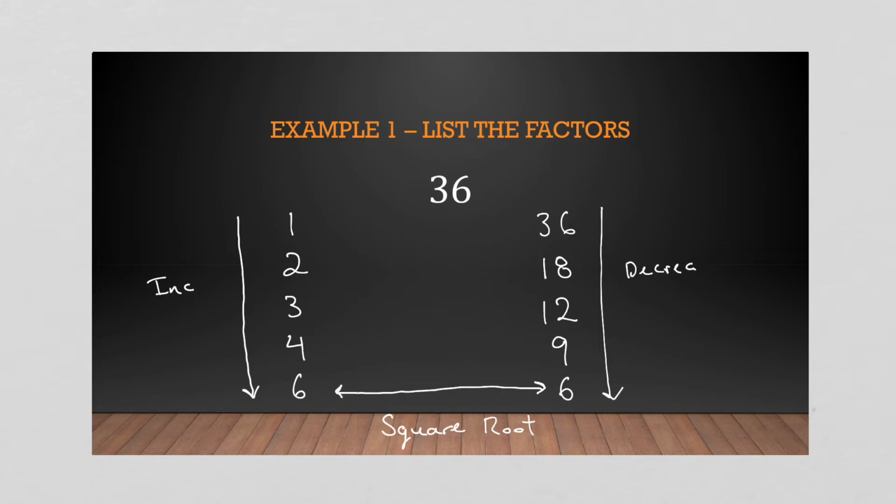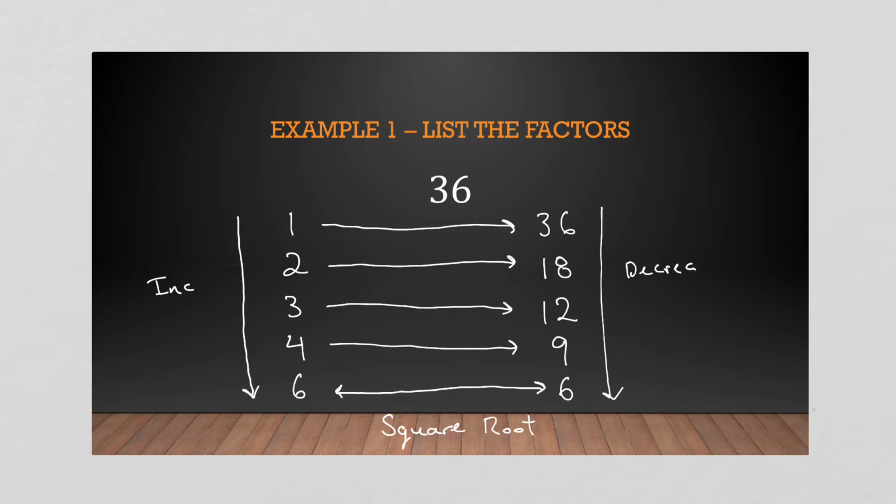Again, that'll be the focus of a couple videos from now, but just a little preview for you. But all of these combinations, 1 times 36 is 36, 2 times 18 is 36, 3 times 12 is 36, 4 times 9 is 36. All of them work. And as you get closer and closer to the midpoint, which in this case is 6, you know you've got all the factors.